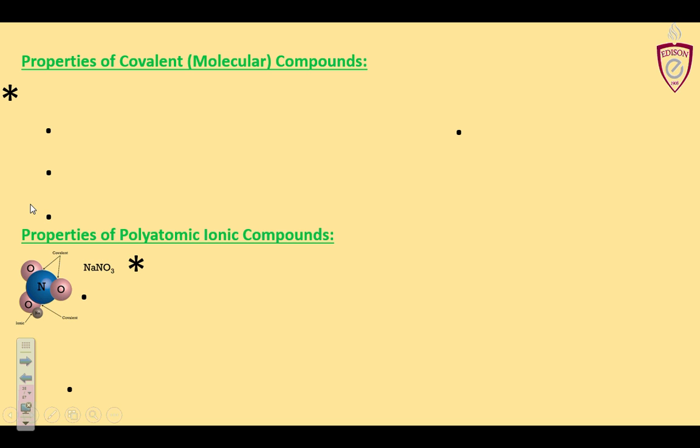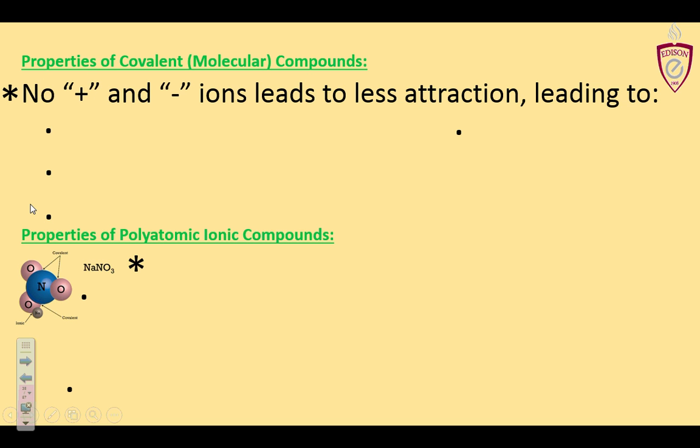So let's go over covalent now, or code word molecular. If you ever hear MoNaCo or I, or that big bad test talk about something that's molecular, that's code for covalent, because ionics don't form molecules. Because there's no plus and minus ions, this leads to less attraction, leading to lower melting points and boiling points.